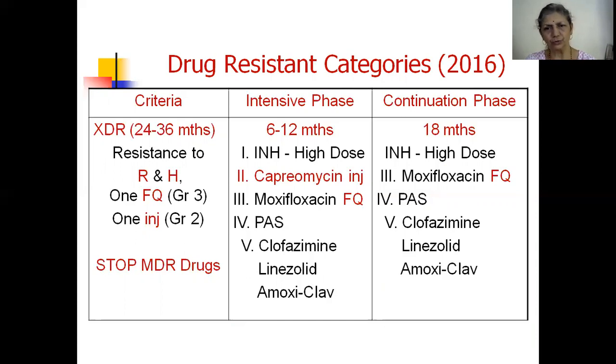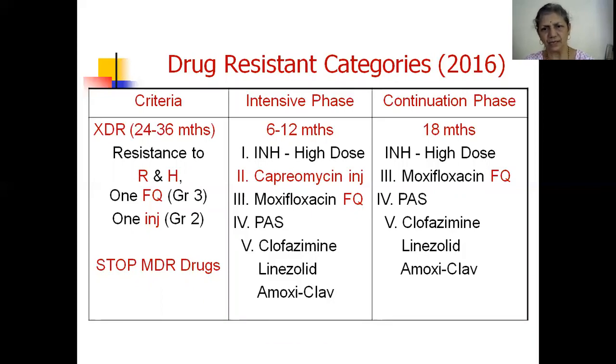Amongst the fluoroquinolone group, it is moxifloxacin instead of levofloxacin. And from group 4, instead of ethionamide and cycloserine, we add para-aminosalicylic acid. And 3 drugs are added from group 5: clofazimine, linezolid, and the amoxicillin clavulanic acid combination.